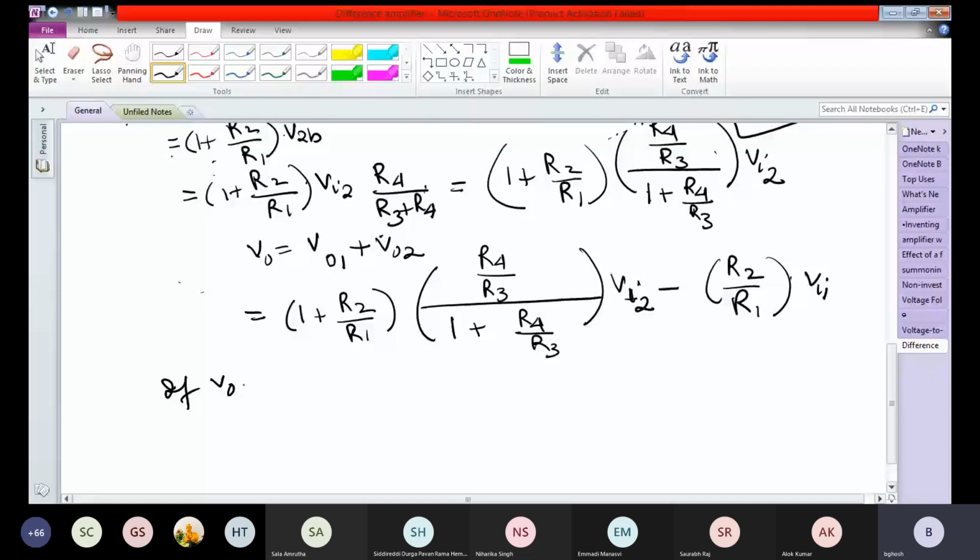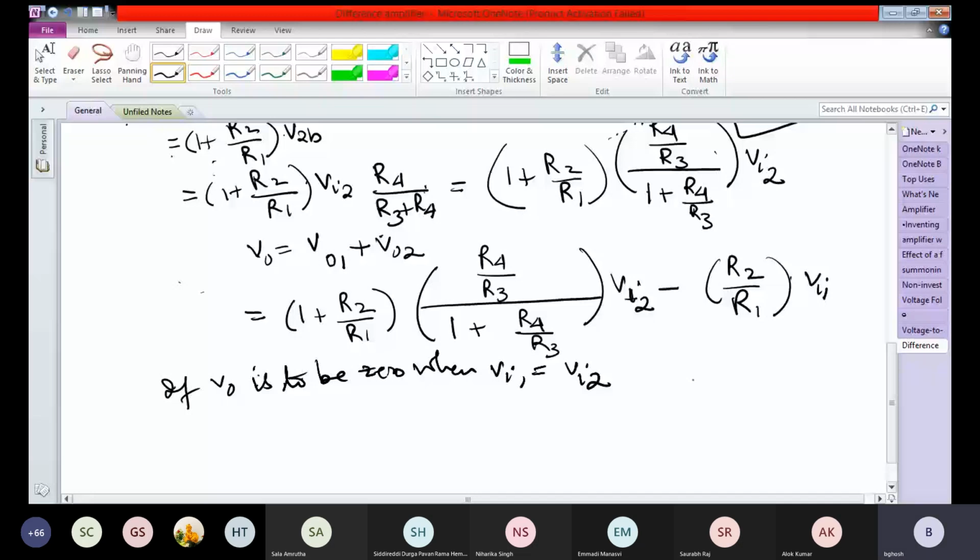V0 has to be 0, not tend to 0, when VI1 equals VI2.